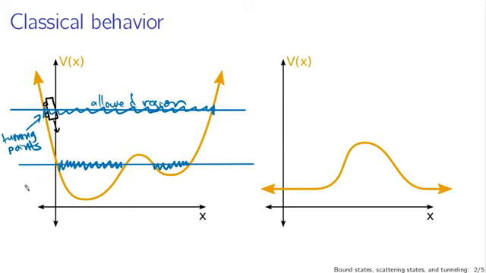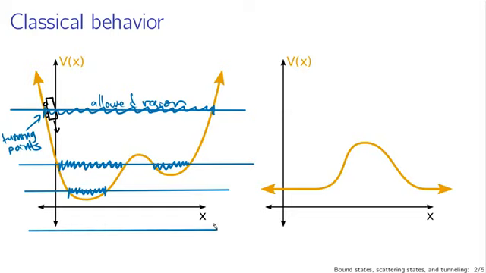If I continue to even lower energies, down here, my allowed region becomes smaller still, until I have just two turning points here, and the cart would just slowly wiggle back and forth between these two turning points. Classically speaking, it's not possible to have a particle with energy down here.